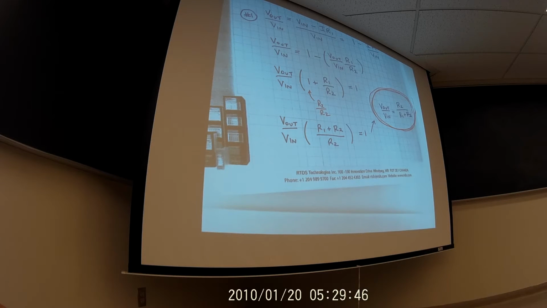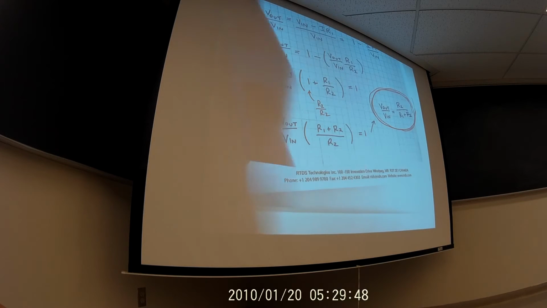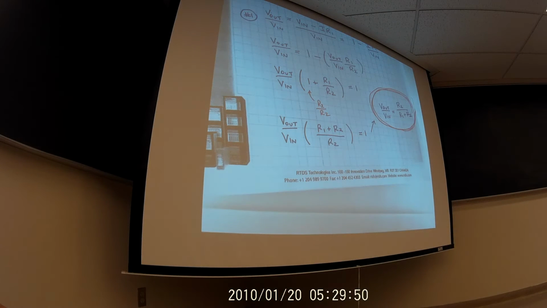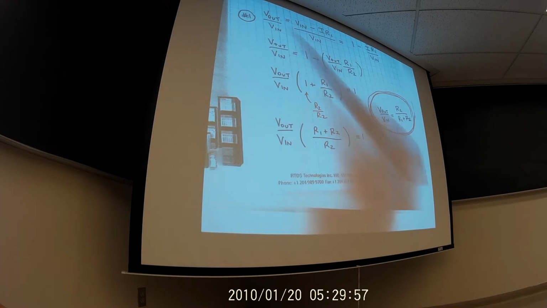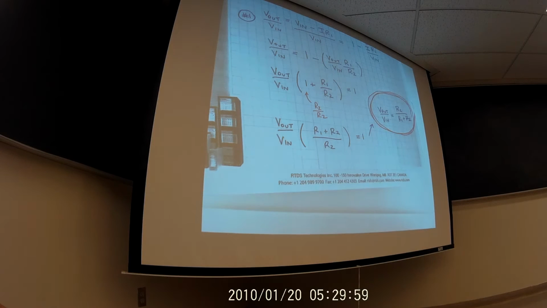You can combine together equations that are KVL, KCL, Ohm's law, and as long as you're aware of what the end result is, which is getting something in terms of V out over V in, for any problem that I would give you, at least you'd be able to. So this matches what we got before. I don't think you necessarily have to memorize something like this.